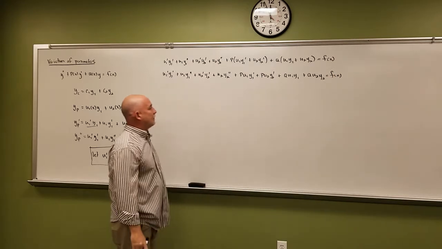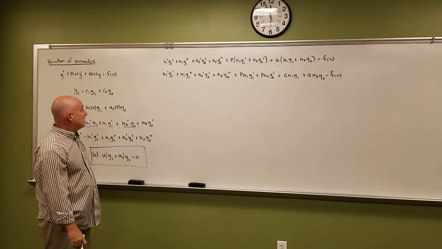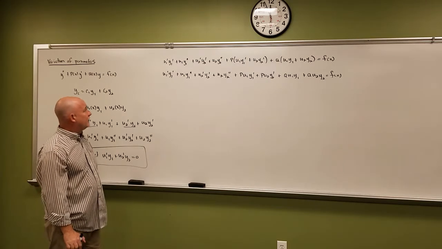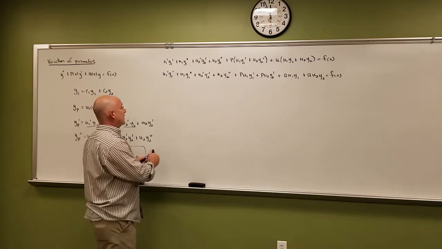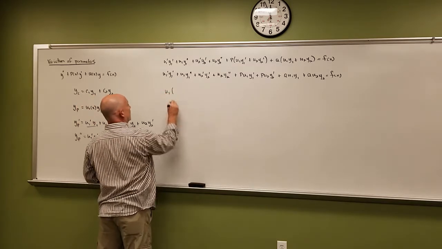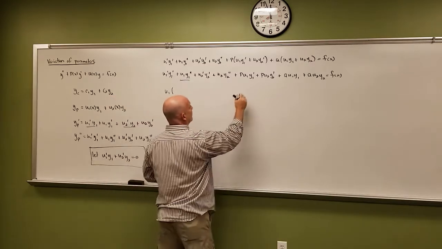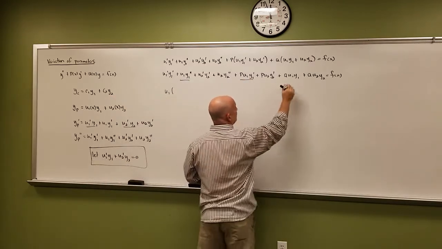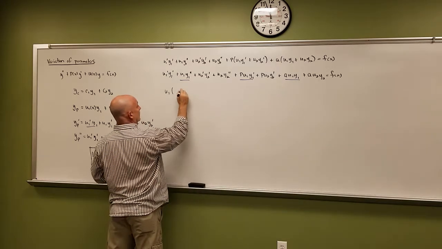All right, long line. Now since I'm looking at these u1 and u2 terms, I'm going to group by u1 and u2 real quick. Let's take a look if I factor a u1 out of everything that has a u1. There's a u1, there's a u1, and there's a u1. So what do I have left if I take a u1 out of those three pieces?